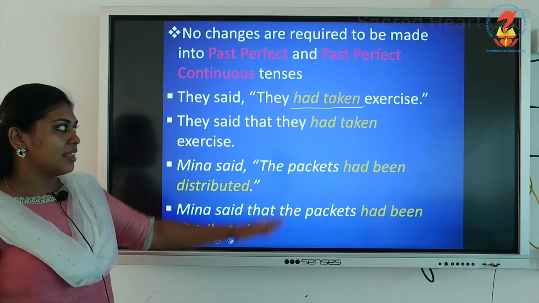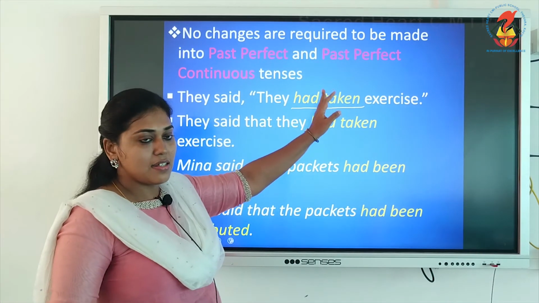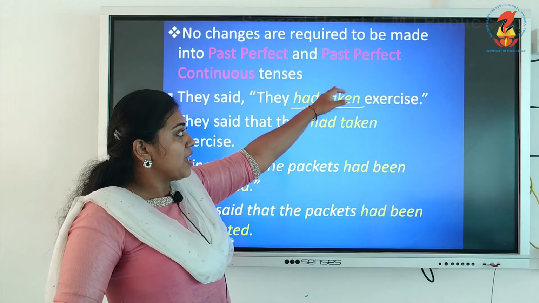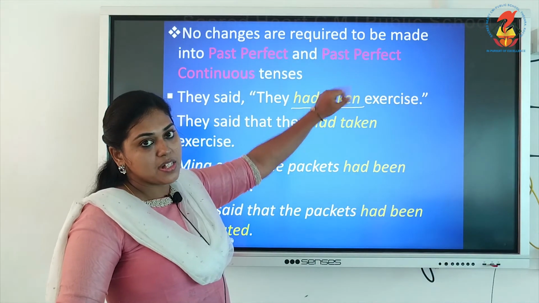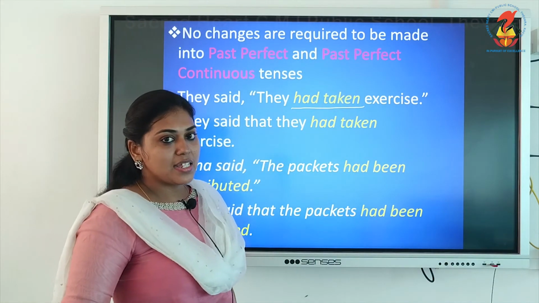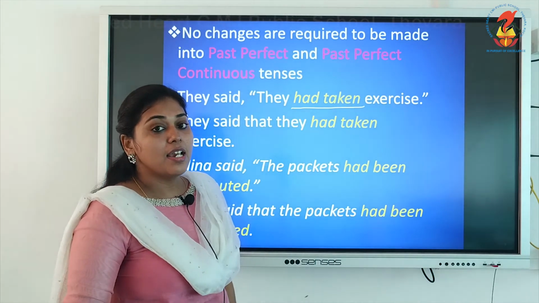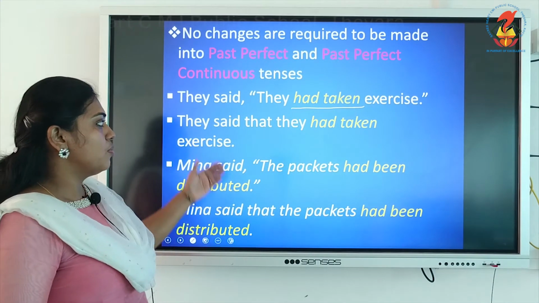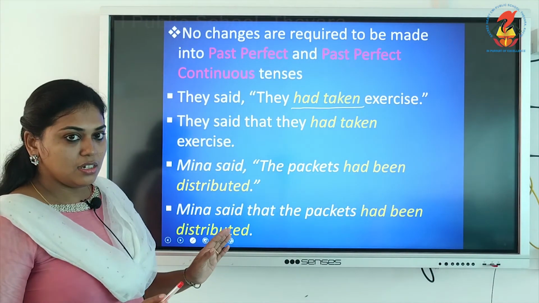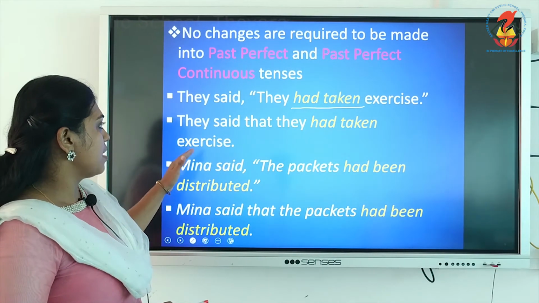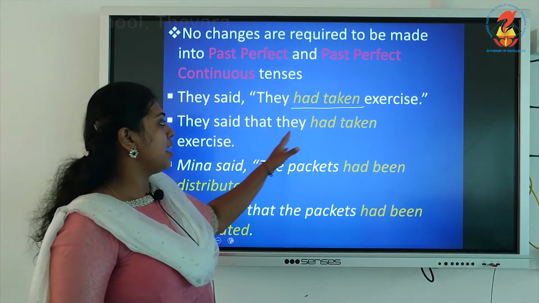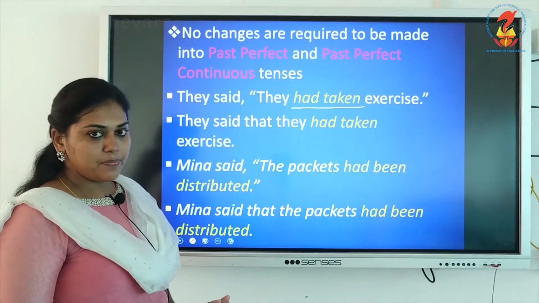Because had has come, we understand that it is in past form and the main verb is in past participle form. So we understand that it is written in past perfect tense. So we do not have to change the tense. So the sentence would be, they said that they had taken exercise.